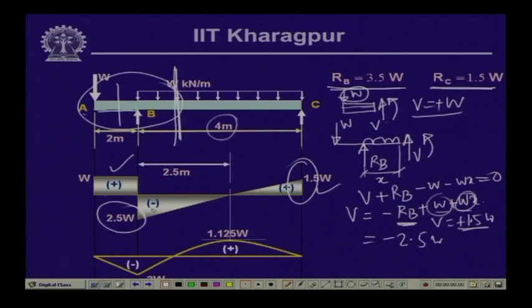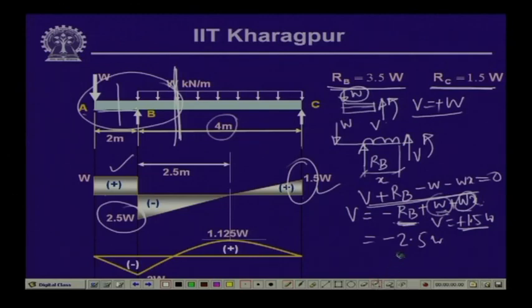Now, since it is changing from minus to plus, somewhere along the length the shear force is equal to 0. Now, if we set the expression for shear equal to 0, V is equal to minus R B plus W x, so minus 3.5 W plus W x is equal to 0.